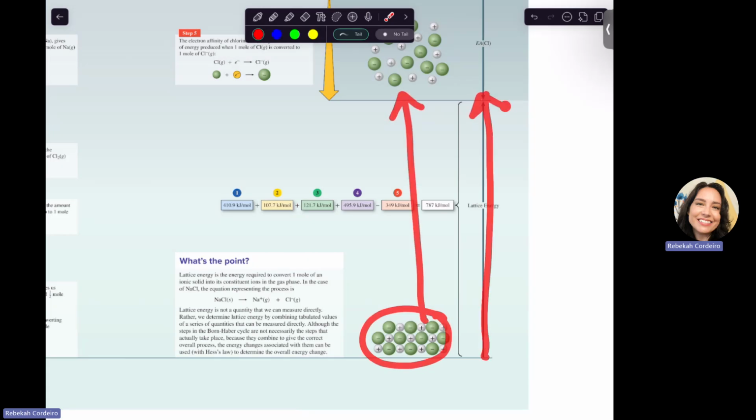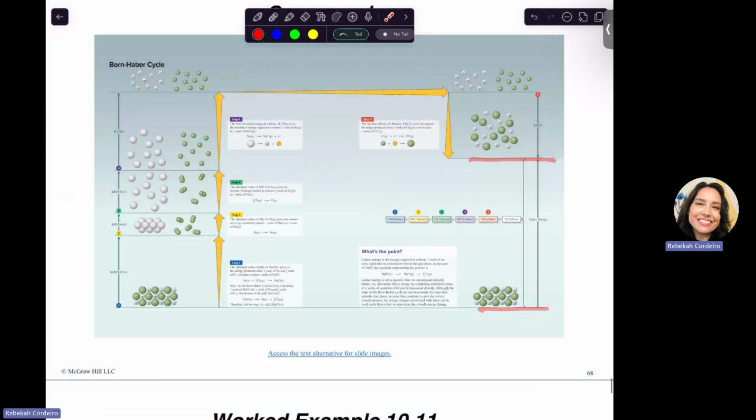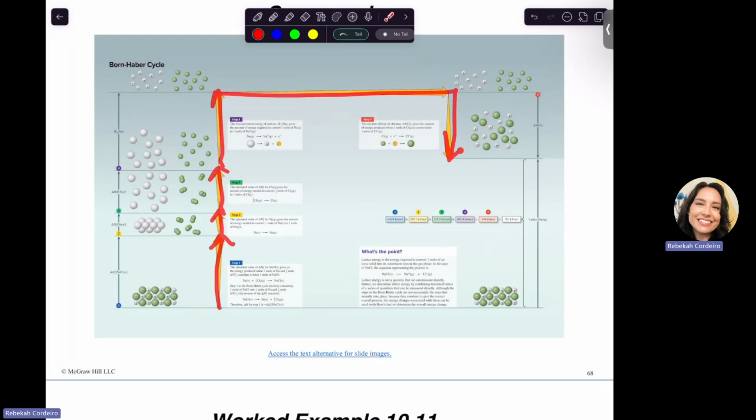That's your lattice energy. But if I can't really easily do that, I need to know the difference between these two places. What I can do is I can do this stepwise. So I go and make all these steps over here, and then I get from here to here, just in a different route. So it's a state function. So exactly what we've been doing, but now we're applying it to a real world process.